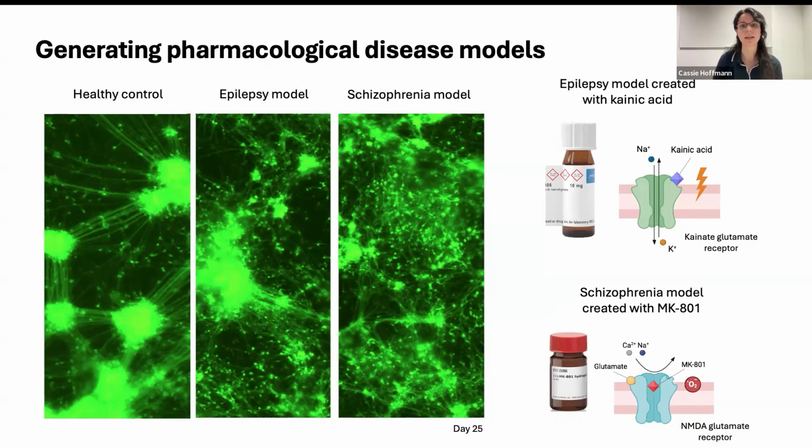So that's the principle there. For the epilepsy model, I used kainic acid, which is a glutamatergic agonist, and that induces pretty widespread activity in the culture, kind of like a seizure-like event. And I also generated a schizophrenia model with MK801, which is a glutamatergic antagonist, and that just induces neurite degeneration.